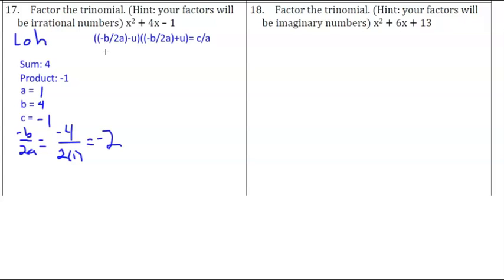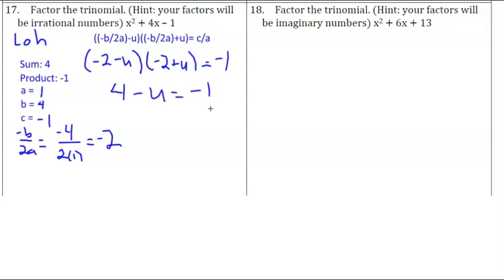So we plug it into the formula. We have negative 2 minus u times negative 2 plus u. And that's going to equal c over a, which is negative 1. This is a difference of two squares, so we have 4 minus u squared equals negative 1. So we want to move all the constants to one side and all the variables to the other.